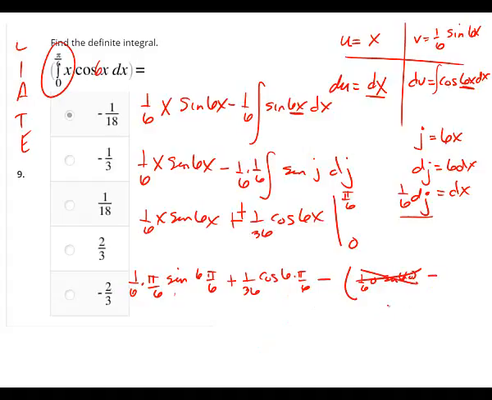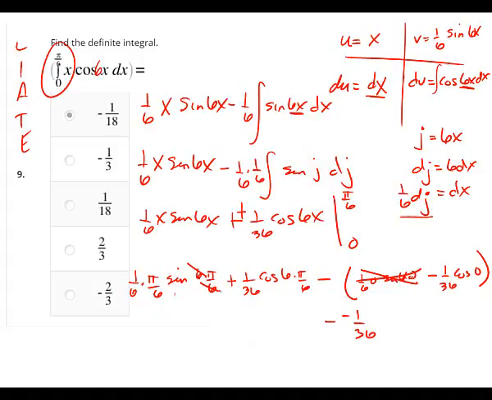Minus 1/36 cosine of 0. Cosine of 0 is 1, so this is going to be a negative 1/36 at the back.